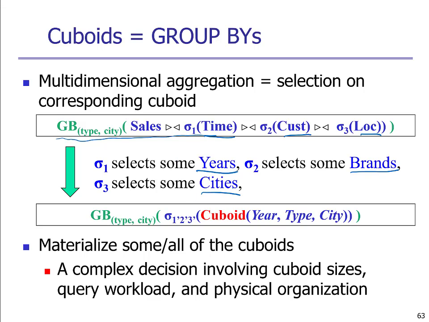We first build a cuboid for year, type, and city, and then we do selection over these three conditions, to select specific years, brands, and cities. And then we do the group by.